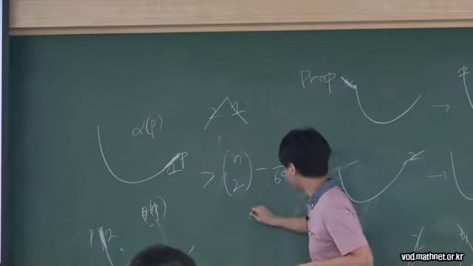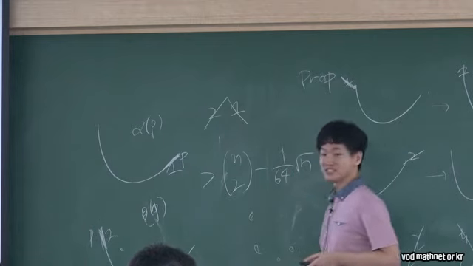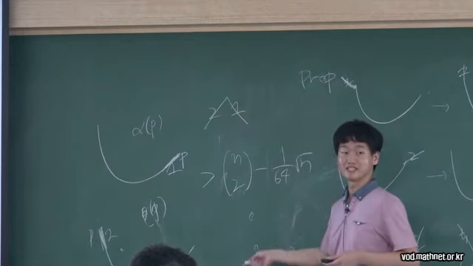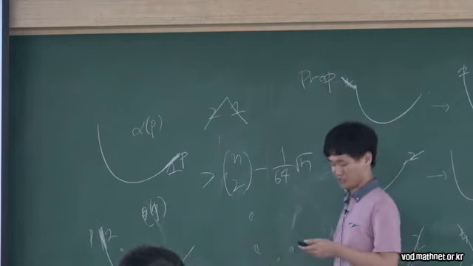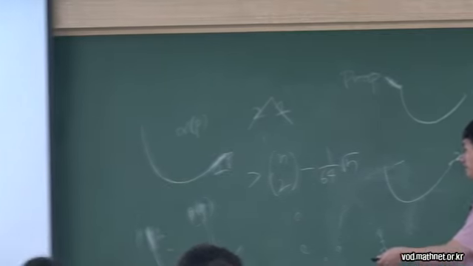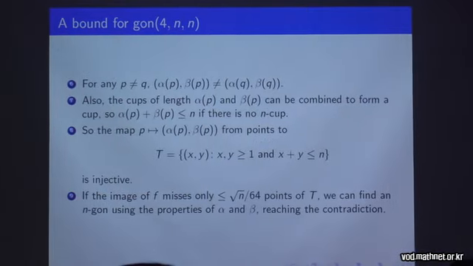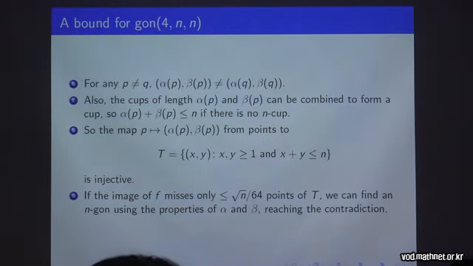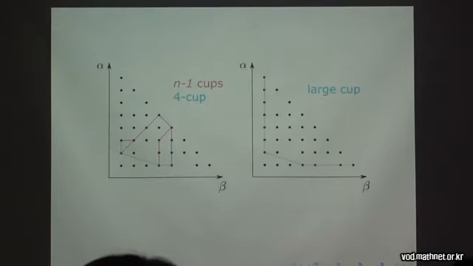Then we have less than 1 over 64 square root of n missing points in T, in the image. And so after that, I'm going to skip the detail, but by using the properties of alpha and beta, we can use this argument, that argument, and such, so that we can force an n-gon in the final diagram.